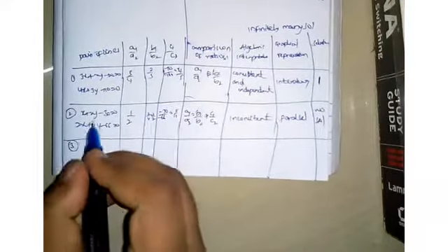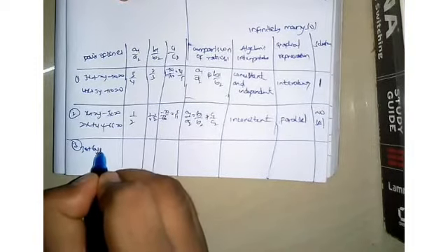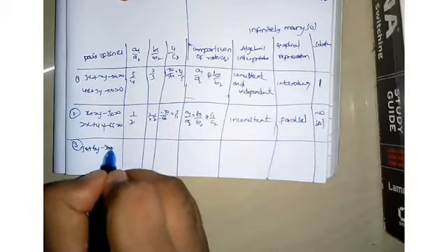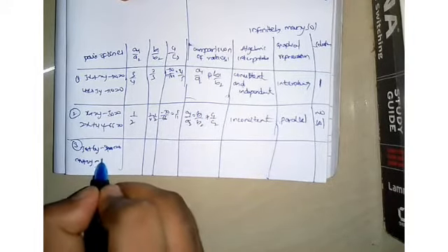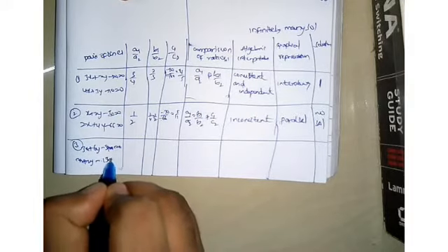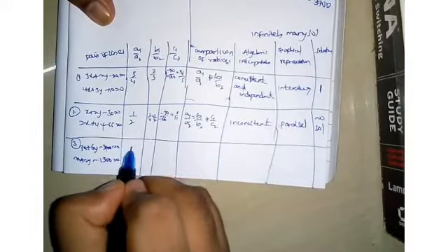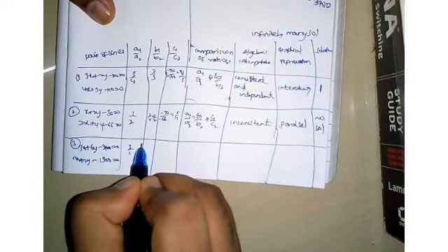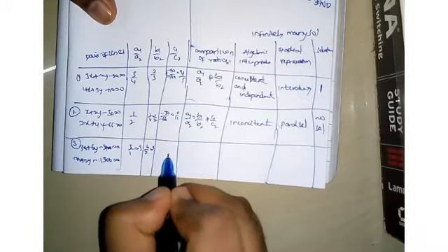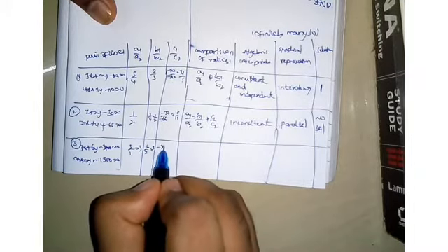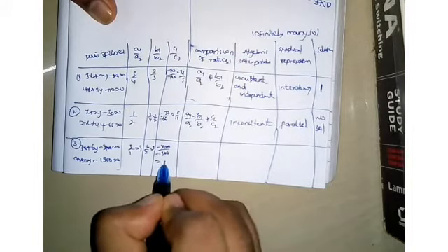The third condition is 3x plus 6y minus 3900 is equal to 0, and x plus 2y minus 1300 is equal to 0. a1 by a2 will be 3 by 1 and b1 by b2 will be 6 by 2, which is equal to 3, and my c1 by c2 is minus 3900 by minus 1300, which is equal to 3.